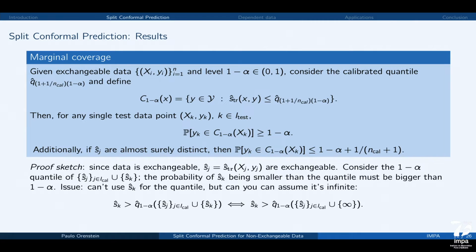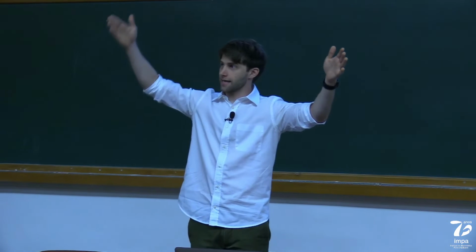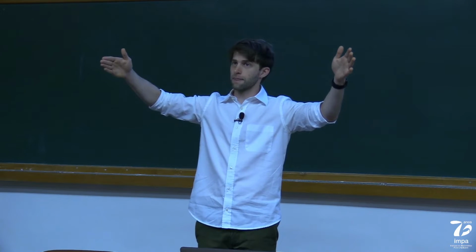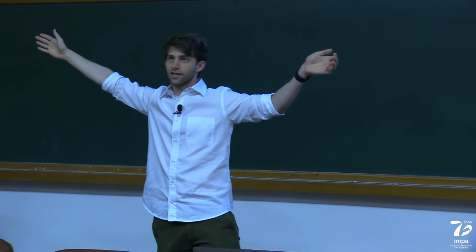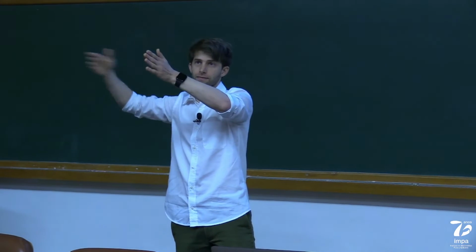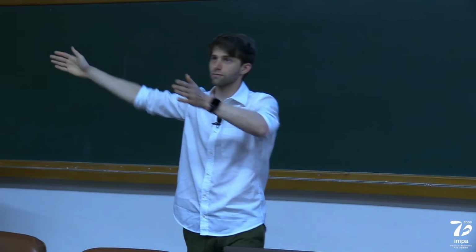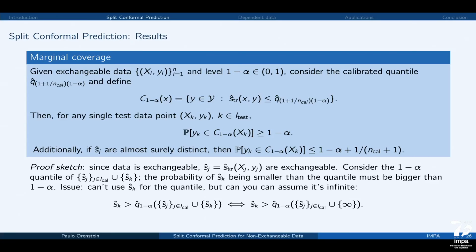The event that S hat K is bigger than the quantile calculated on my calibration data and my point S hat K means that the value of S hat K in the quantile is irrelevant. I can just make it infinity, right? The quantile will stay the same. So I might as well just assume that S hat K is infinite and these events are the same.